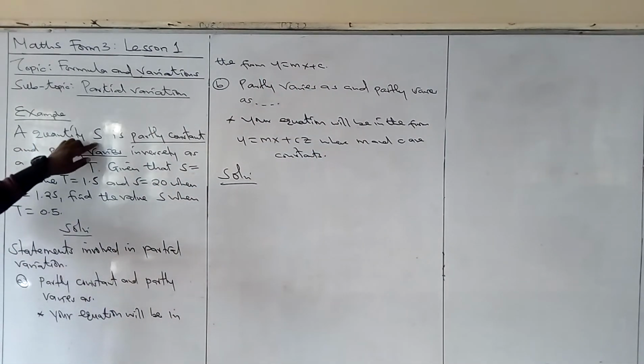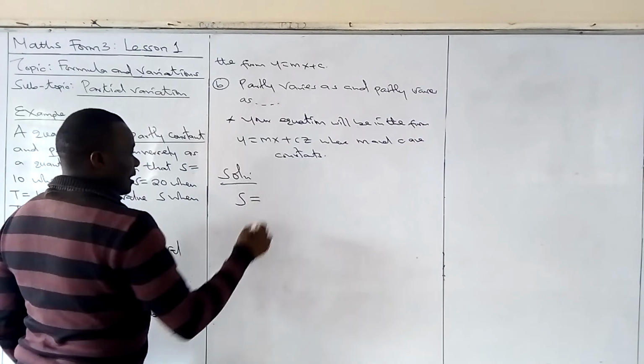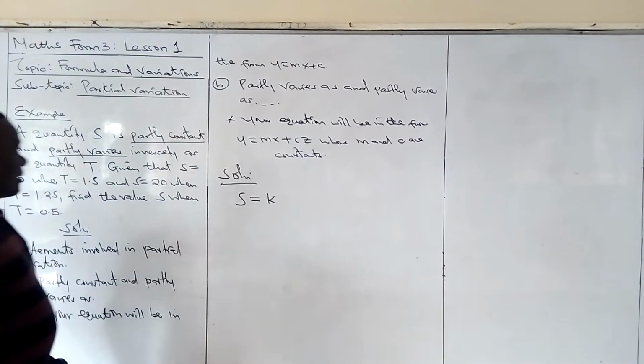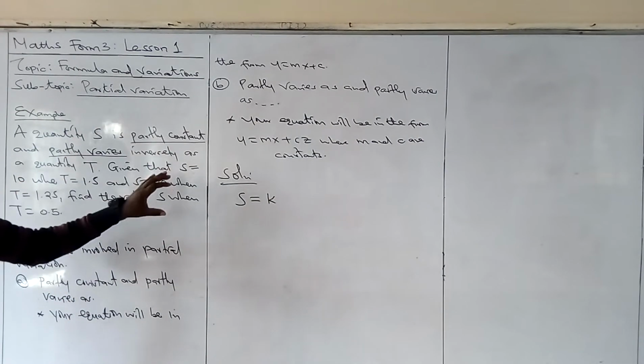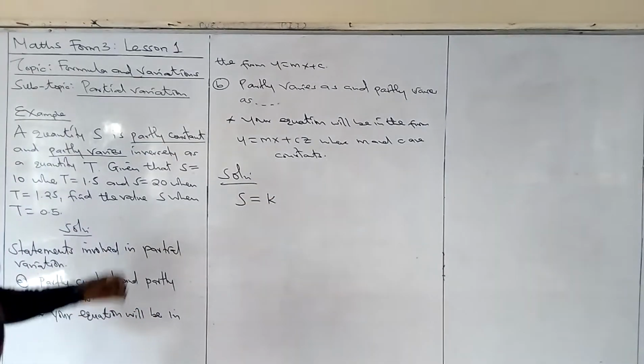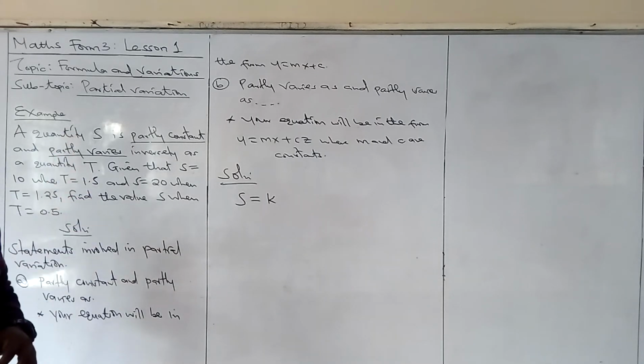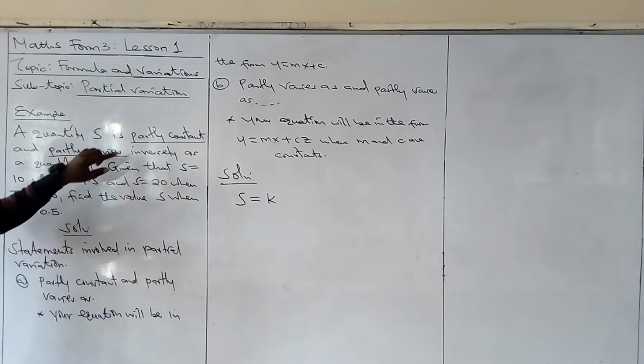A quantity s is part constant. So you will start by saying s is equal to a certain constant k. This part constant is the constant we are talking about here, let it be k. And it is this constant that is not going to have a variable. And part varies inversely as a quantity t.